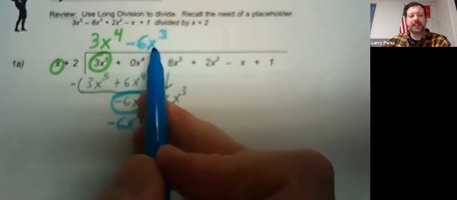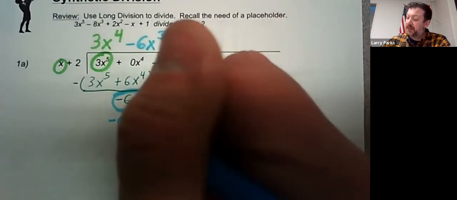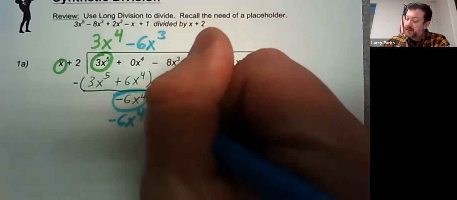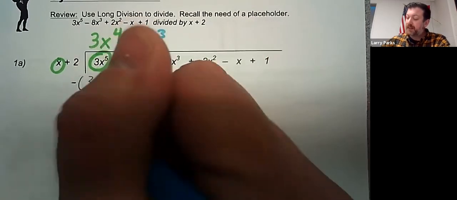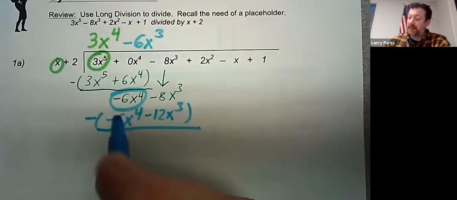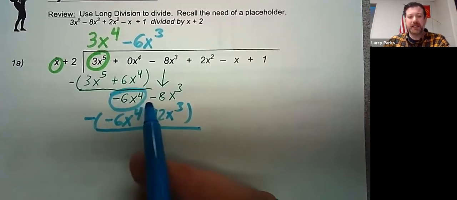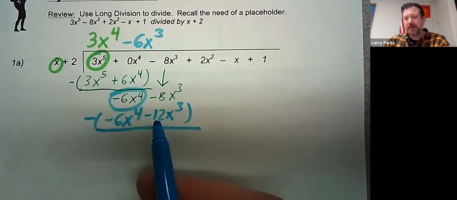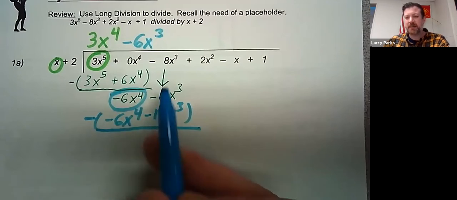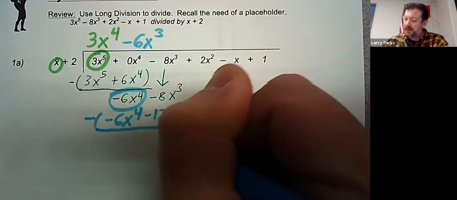You take negative 6x cubed times 2, that's negative 12x cubed. You take that away. Negative 6 minus negative 6 is the same thing as negative 6 plus 6, those go away. And then negative 8 minus negative, that becomes a plus. So negative 8 plus 12 is 4.